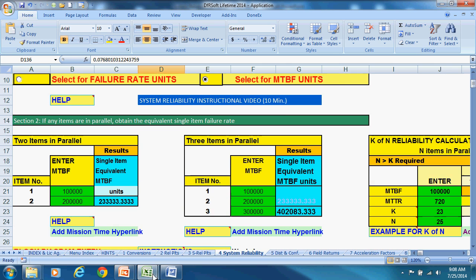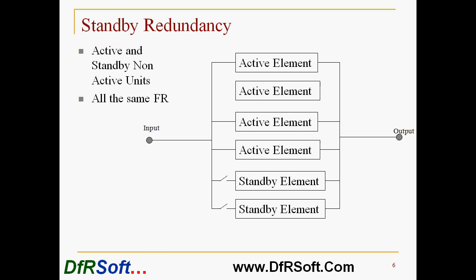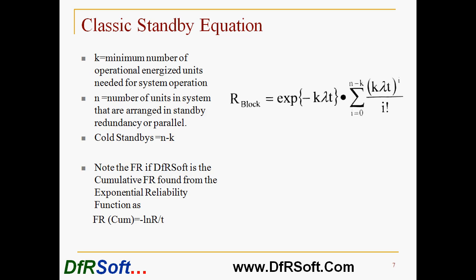Now the next area of interest is we're going to talk a little bit about standby redundancy for active units and non-active units in parallel. So if we have items that are active and we have replacements by switching over fairly quickly, the classic standby equation is provided right here, and it's very straightforward to use in DfRSoft.